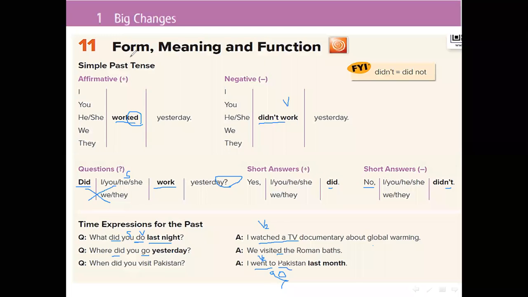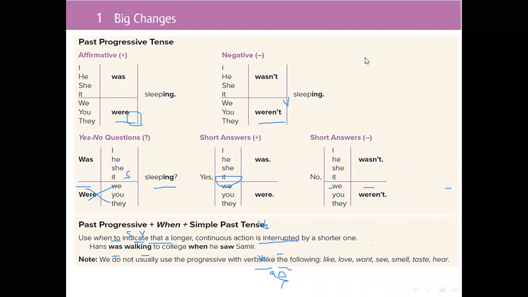Now we will discuss the next tense for today, which is the past progressive tense. Clear first? What is the form of past progressive tense? We will use was or were plus verb plus ing.